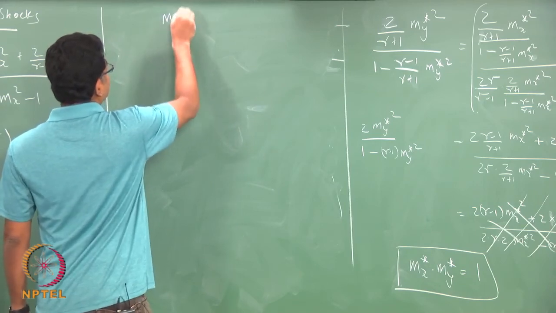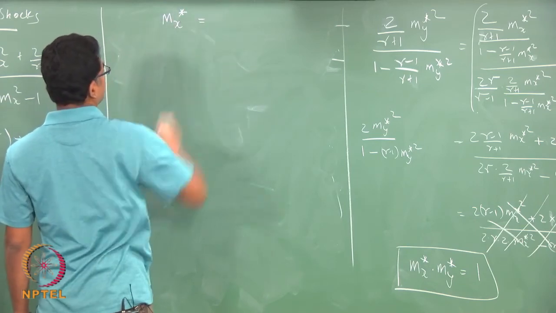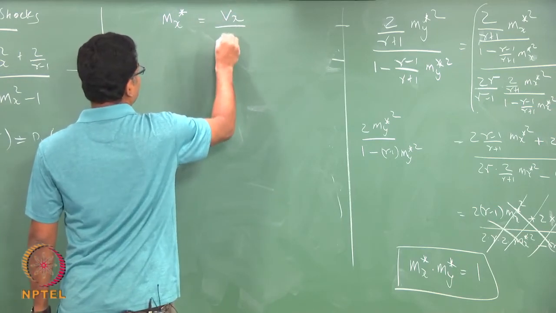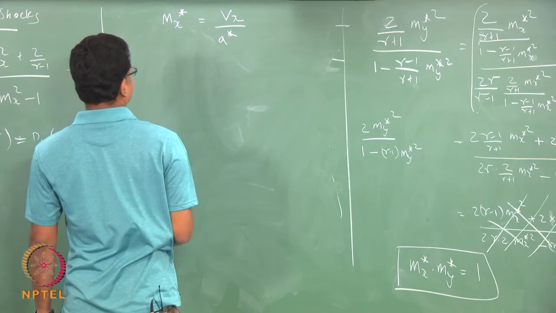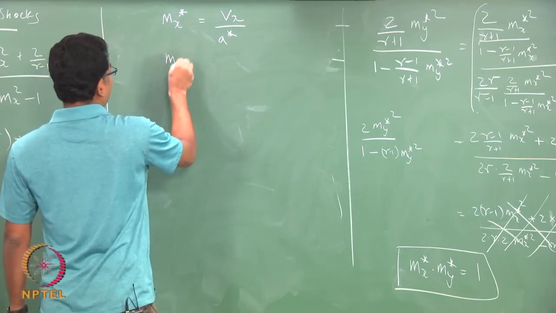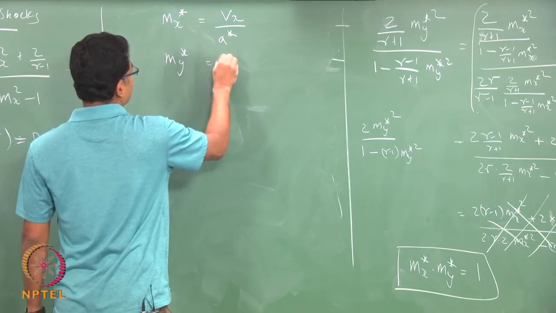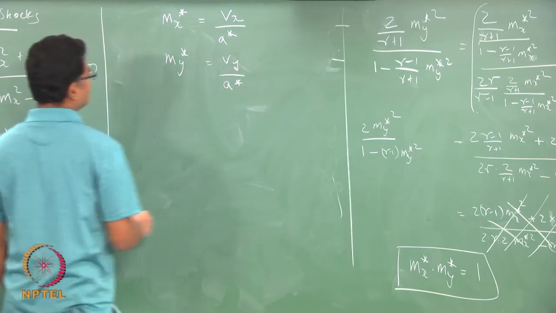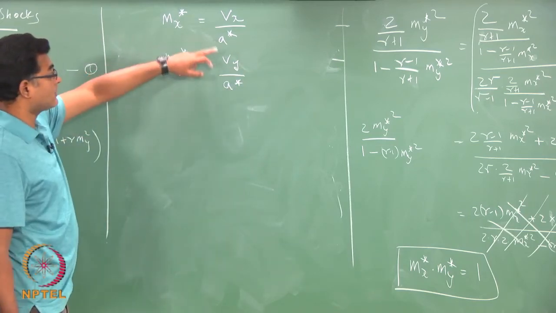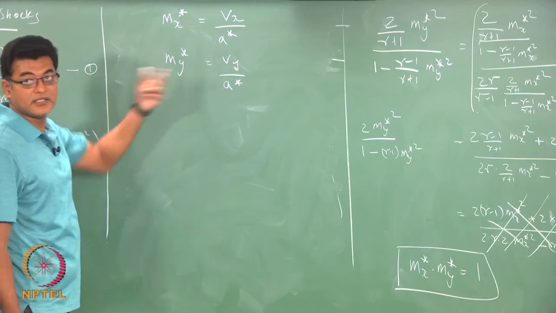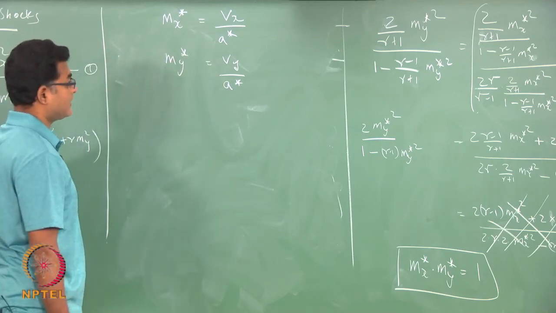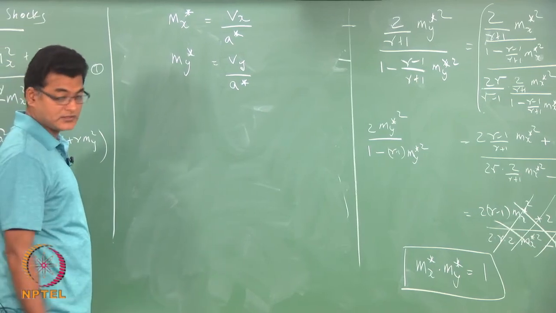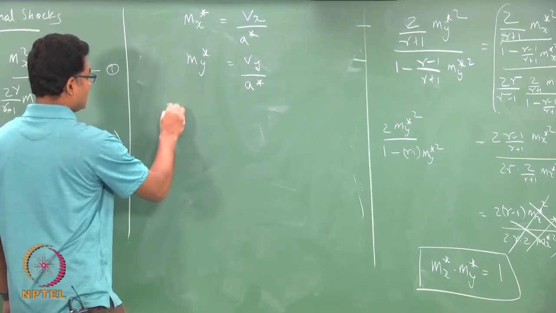So my Mx star is nothing but Vx by A star, and My star is nothing but Vy by A star, because your Tx star and Ty star is the same quantity that we had seen in the last class, because your stagnation temperature does not change.